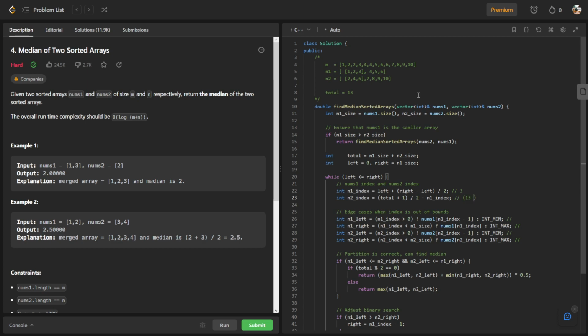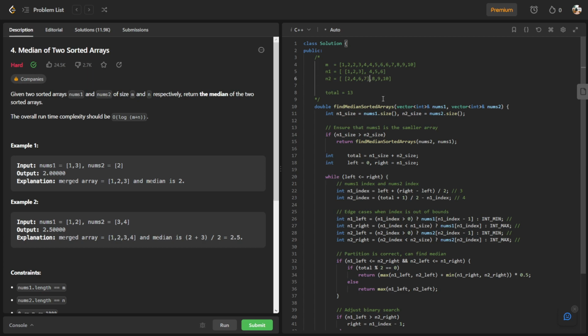Total is 13 plus 1 divided by 2, minus 3. So basically this one will get us 7 minus 3, which is 4. Wait, is it? Let me get that correct. Yeah, it's 4. Right. So it's actually like this.